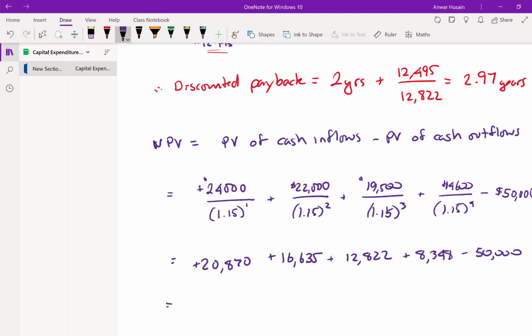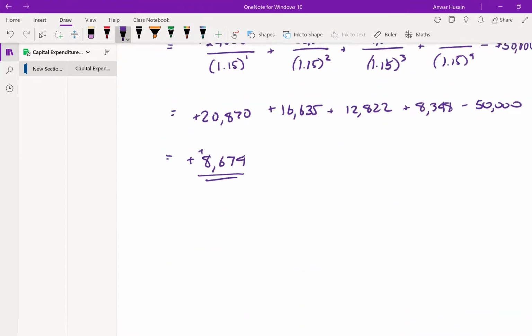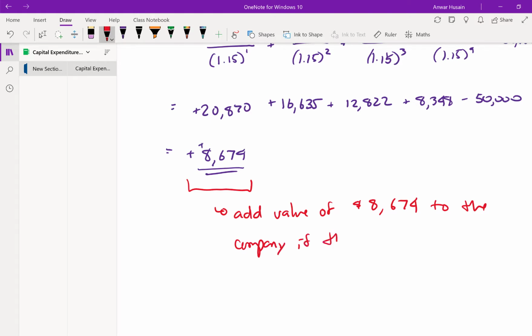So we end up with a positive 8,674. Essentially what we're saying is that this will add value of $8,674 to the company if they do the project.